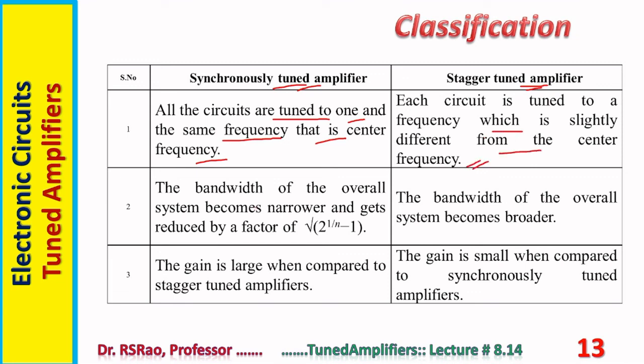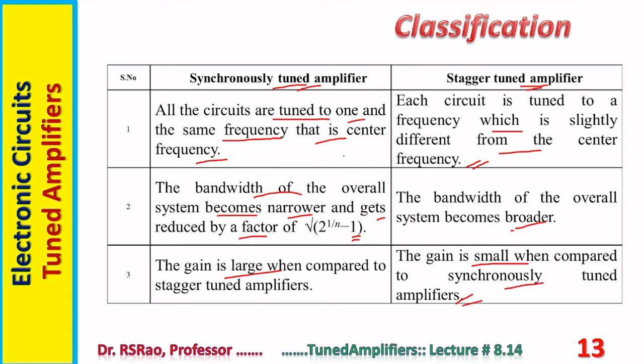The bandwidth of the overall synchronously tuned system becomes narrower, reduced by a factor of square root of 2 power 1 by n minus 1. The bandwidth of the stagger tuned system becomes broader. Gain is large in synchronously tuned amplifiers when compared to stagger tuned amplifiers, and small in stagger tuned amplifiers.